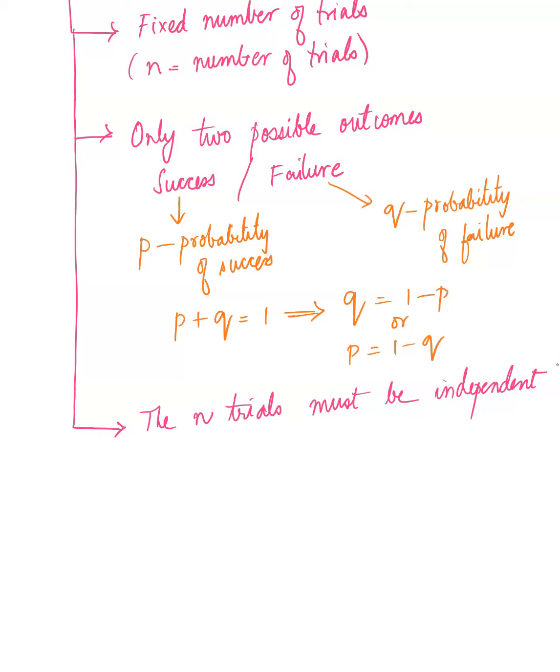So they must not be interfering with one another. They must be separate from each other. One should not influence the other. Okay, so they must be independent and repeated using identical conditions. You can't keep changing your factors or players with each trial. They must be identical.